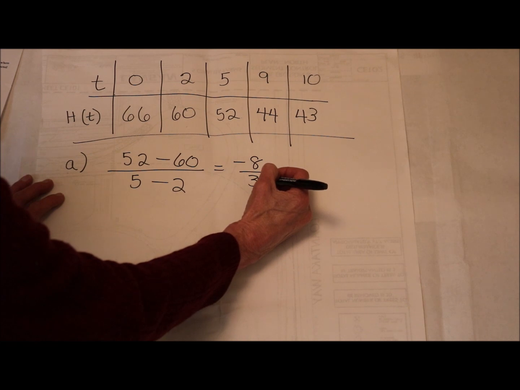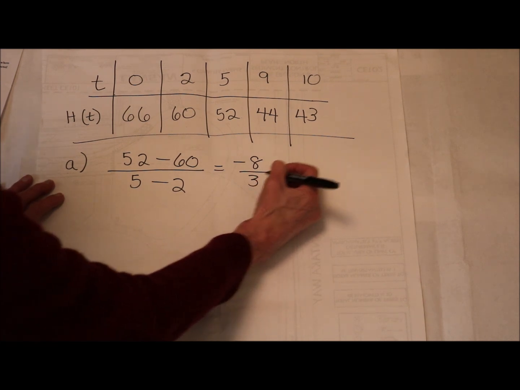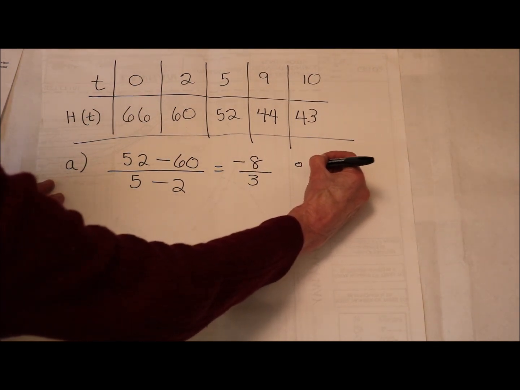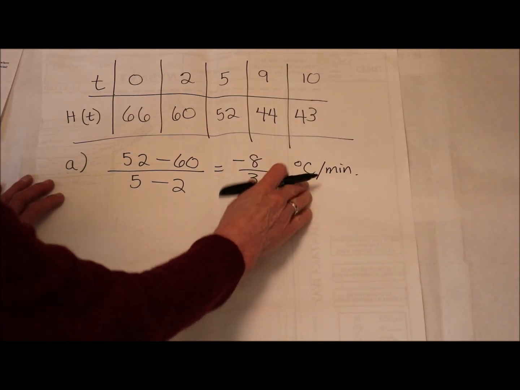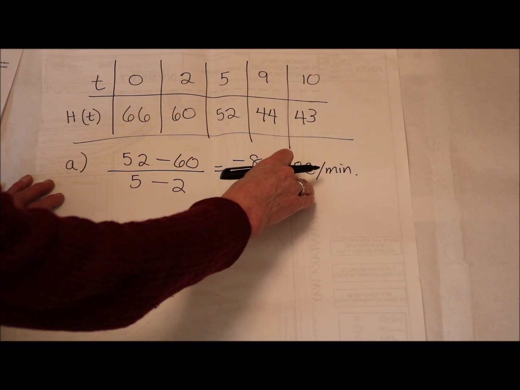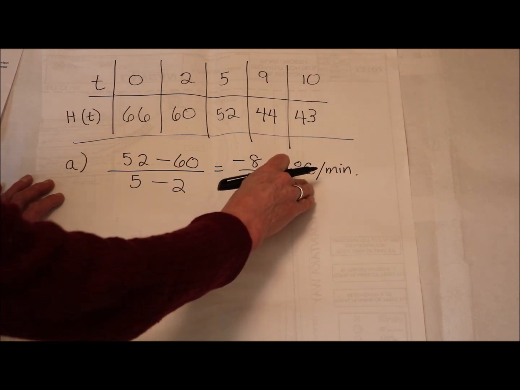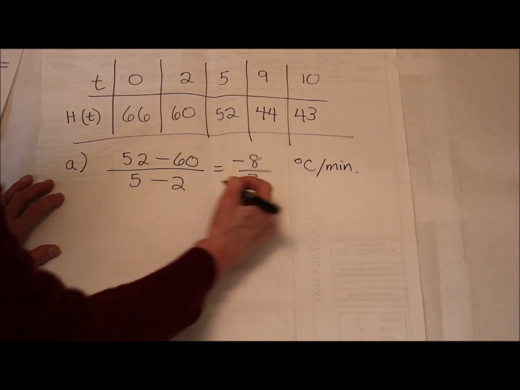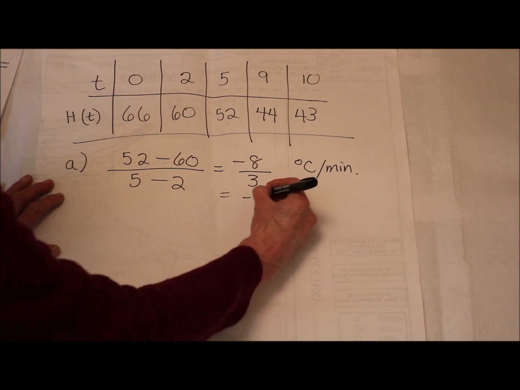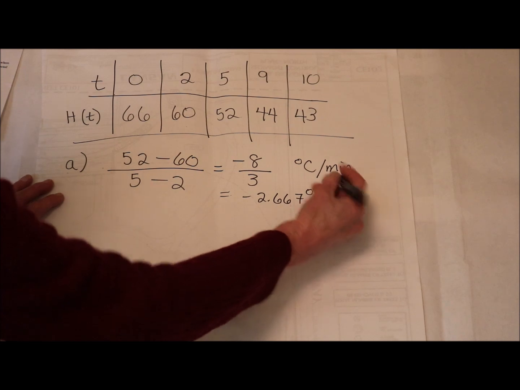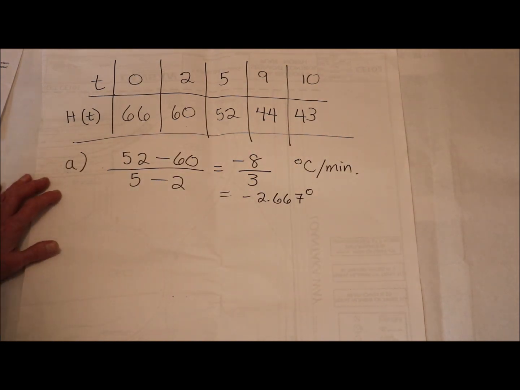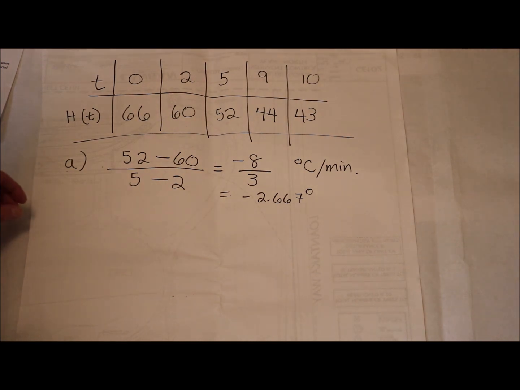I guess they didn't ask specifically for units, but I'll put that in anyway: degrees Celsius per minute. They do not take off if you don't include units unless they say include units. You could leave it like that, or you could leave it like -2.667 degrees, or -2.6 repeating, whatever works for you. So there's A.